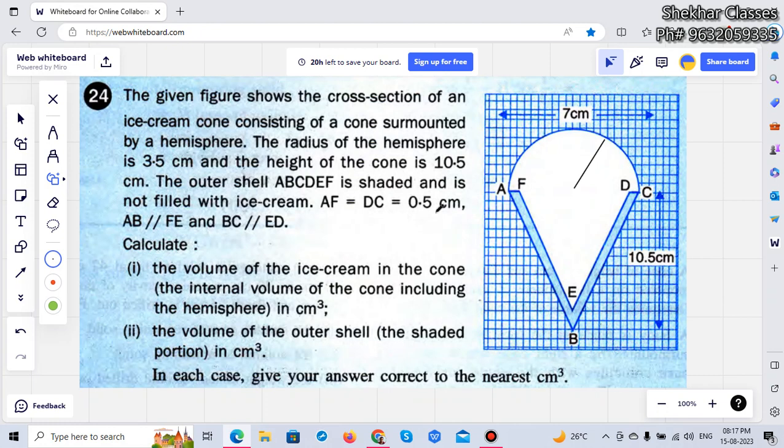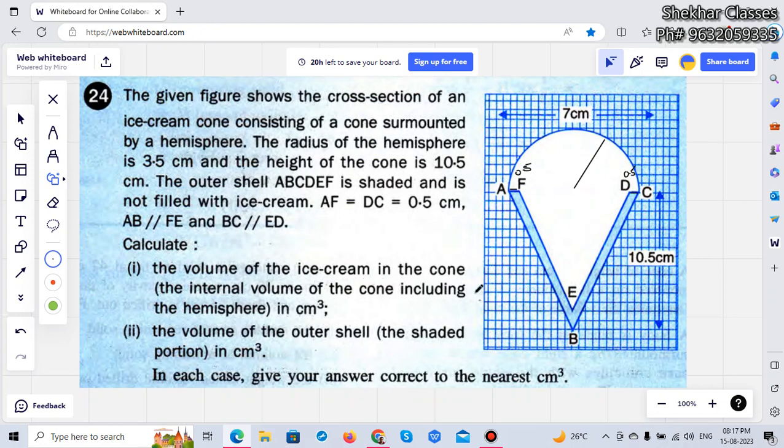These two lines are parallel and the thickness is 0.5 centimeter, and this is also 0.5 centimeter. AB is parallel to FE, and BC is parallel to DE.